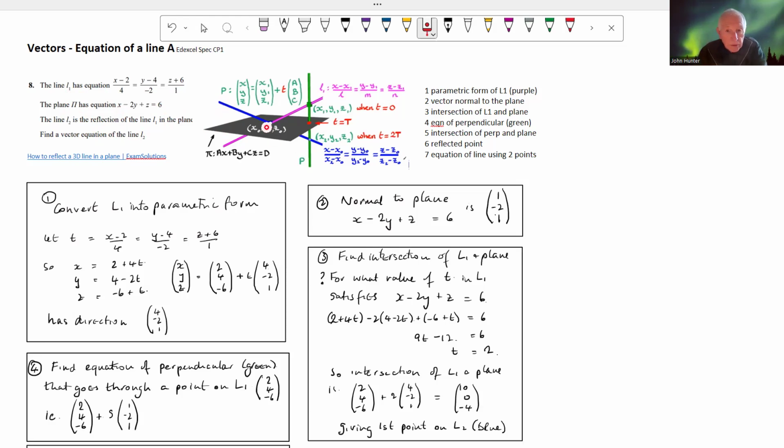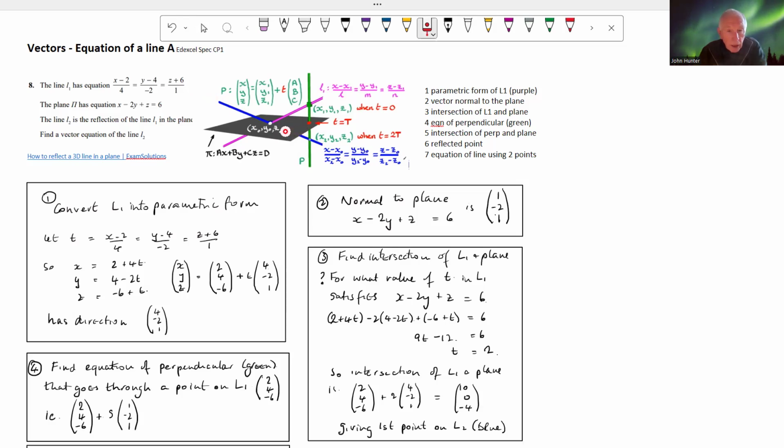That's where I've kind of stolen this from, and in fact there is also a very good video describing how you do this kind of problem on Exam Solutions. So I suggest that after you've watched this, you go and watch that one, and that will really help you understand. Right, so line 1 is this blue line here.